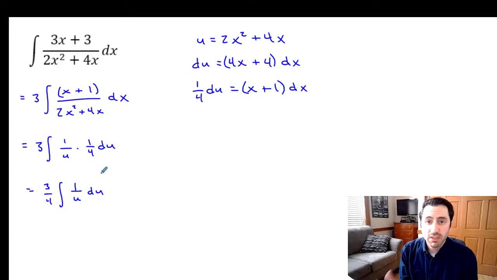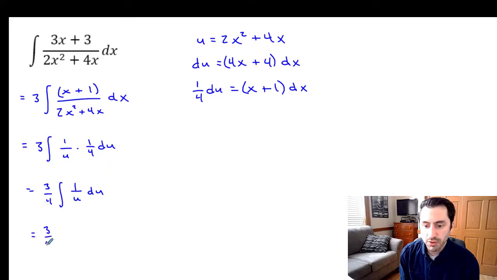So just like we've seen in the other examples, using the substitution and rewriting the original expression into something that's simpler and something that we do know how to find the antiderivative of. The antiderivative of 1 over u, that's going to be the natural log.